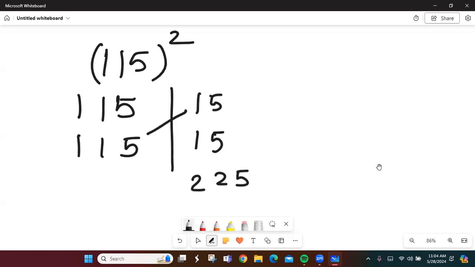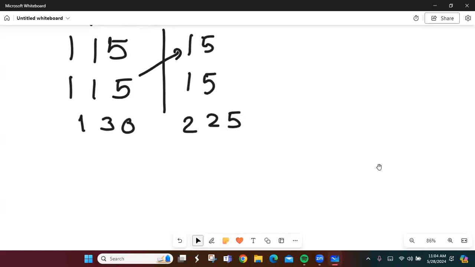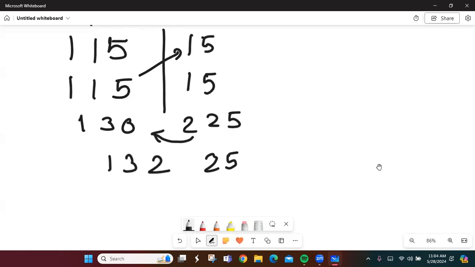And 115 plus 15, that is 130. Now since we are dealing with base 100, I will keep only 2 digits here, and the third digit I will carry forward. So 130 plus 2, that is 132. And hence 115 square is 13,225.